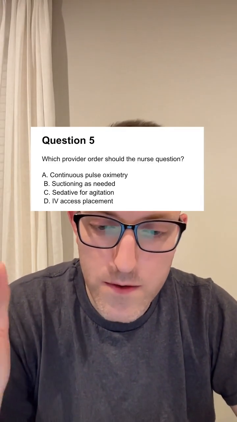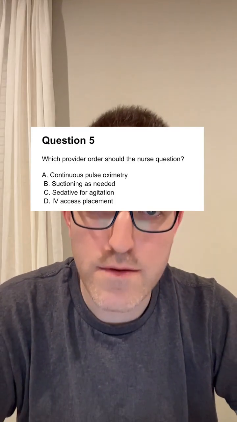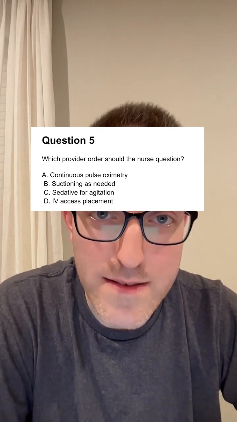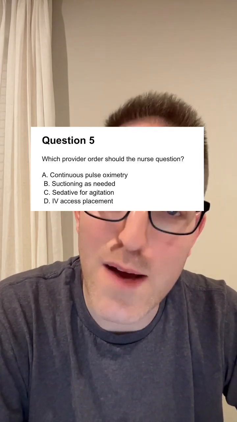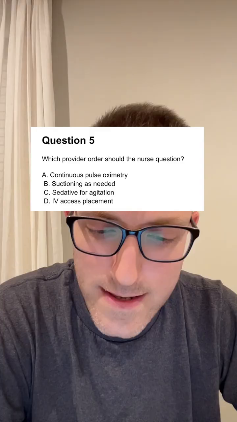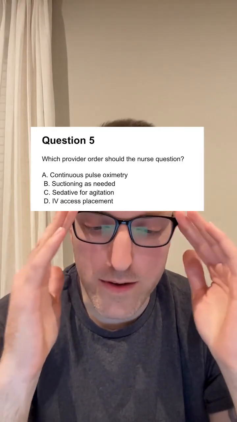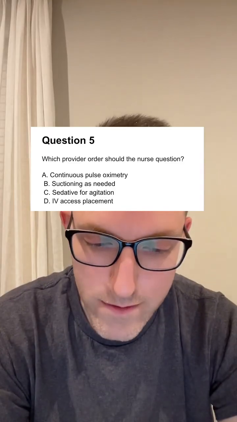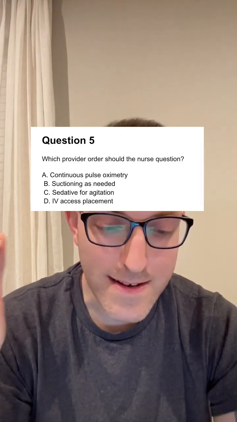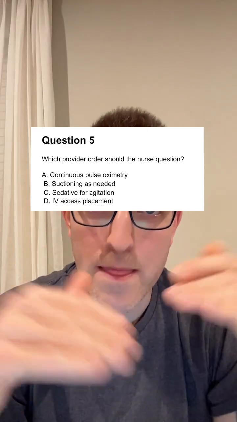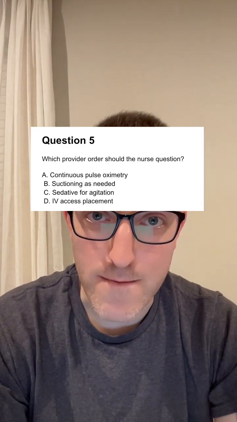So the answer here is C. The sedative for agitation. Why would we? No, that's not a good idea. You never sedate somebody in respiratory distress, ever. If a drug can stop breathing, it has no place here.